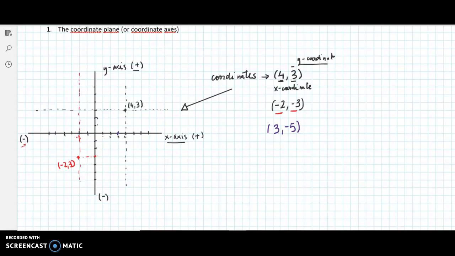The minus 5 is below. The minus 5 is minus 1, minus 2, minus 3, minus 4, minus 5, is here. So you can make the two lines directly and make the intersection. So this point is 3, minus 5.